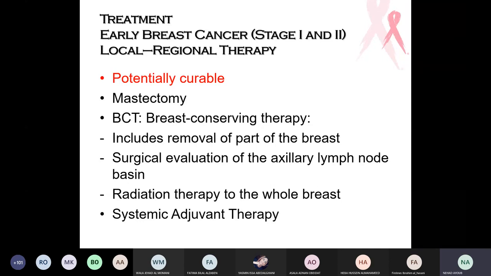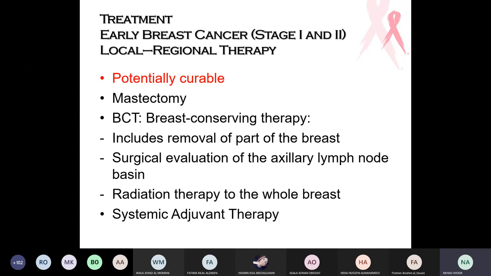If you compare the risk of recurrence or relapse between breast conserving surgery and mastectomy, if I come to the patient and give her the choice, saying we can do a mastectomy and remove the whole breast tissue, or we can just remove the tumor and some of the surrounding tissue, the risk of relapse with breast conserving surgery is a bit higher than with mastectomy.